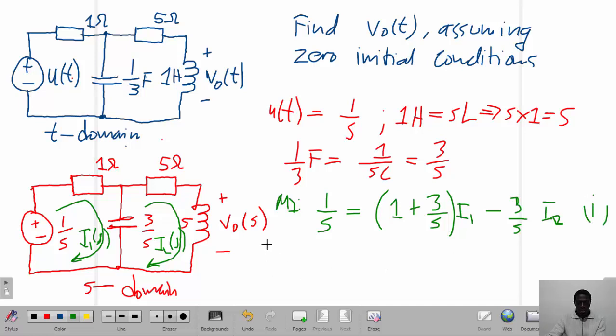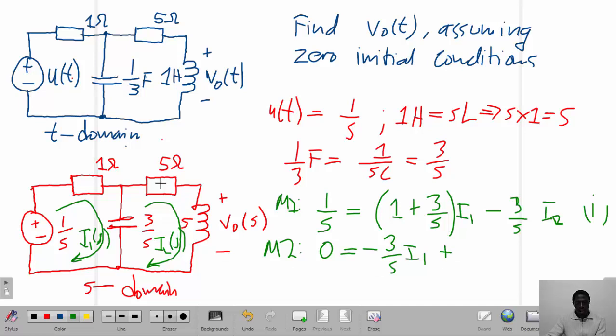And then we go to mesh 2. In mesh 2, we don't have a voltage source. This implies that the source value is 0. And what remains, according to KVL, is I2 multiplied by 5 ohms, and then we've got I1, which is in the opposite direction, so it is going to be a minus, so we can say minus 3 over S multiplied by I1, and then the rest are all positives.